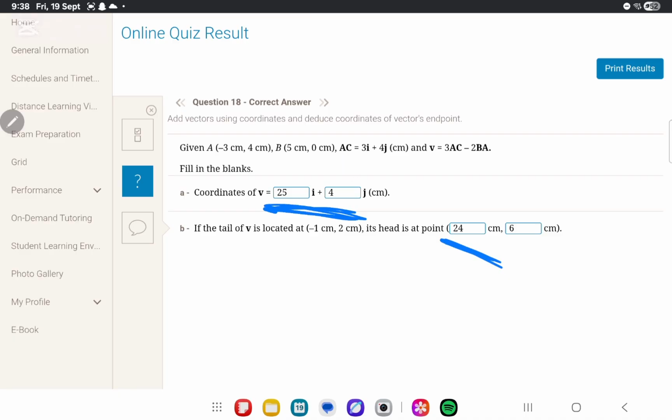If you don't understand how to do this question, let me recap real quickly. First you have AC is this, and then V is equal to this. They want V.